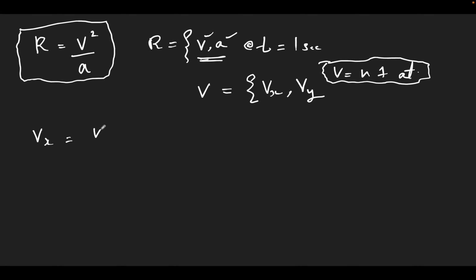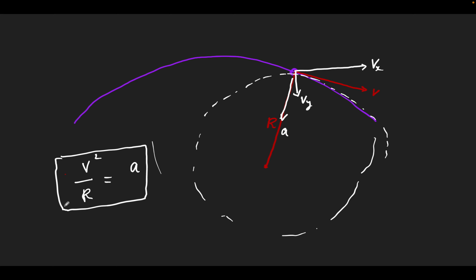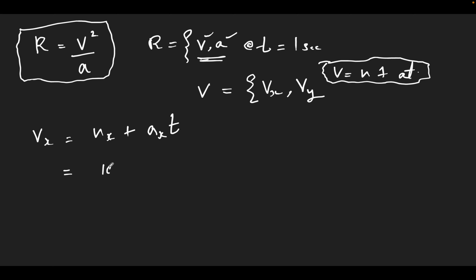Vx is equal to ux plus ax into t. What is ux? Ux is the horizontal component of initial velocity, which is 10 cos 60.